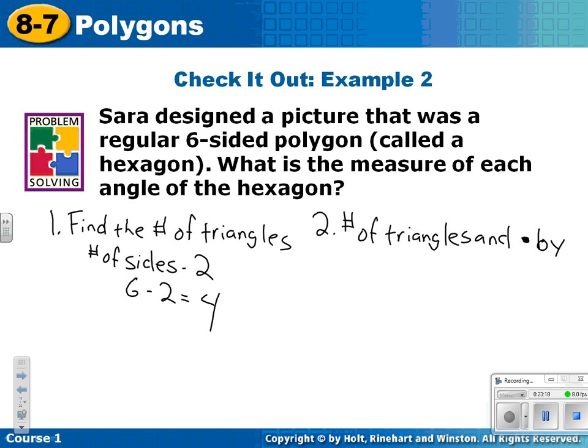Multiplied by 180 because that is the total number of degrees in each triangle. So each triangle has 180 degrees. So the number of triangles that we had for this problem is 4 times 180, which equals what? 720. That's step number 2. So now I've got a pile of 720 degrees.